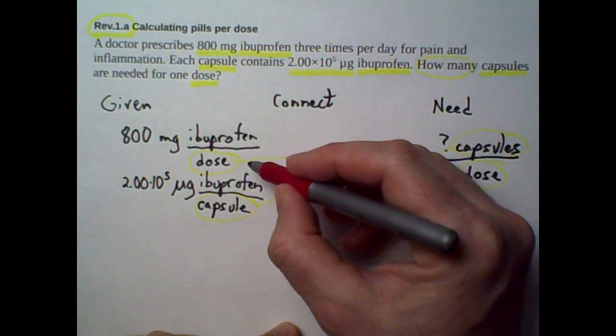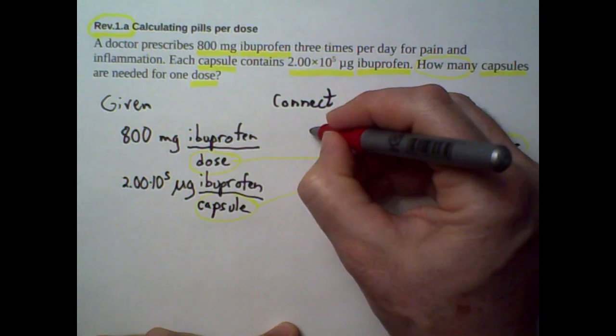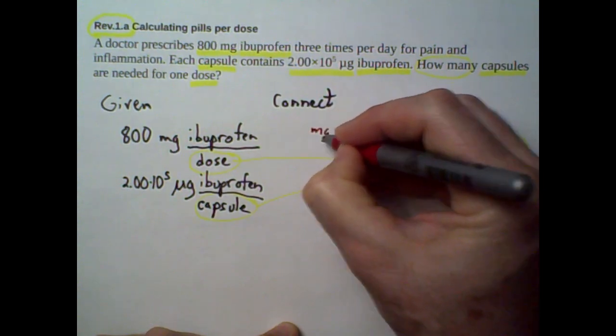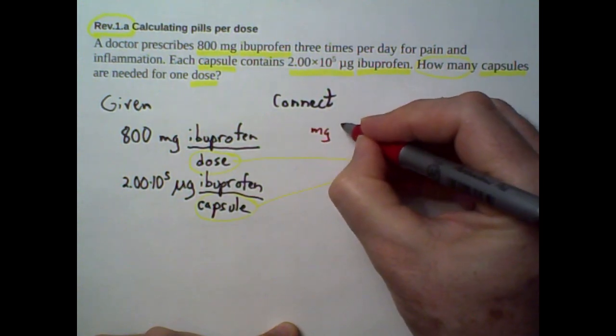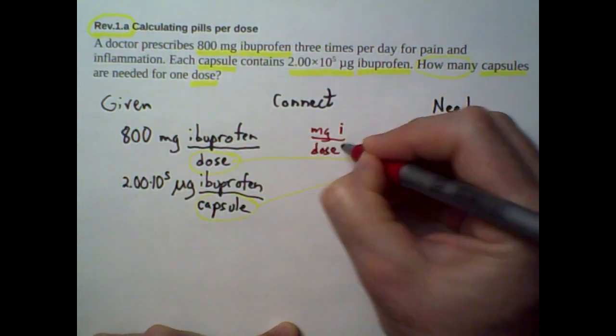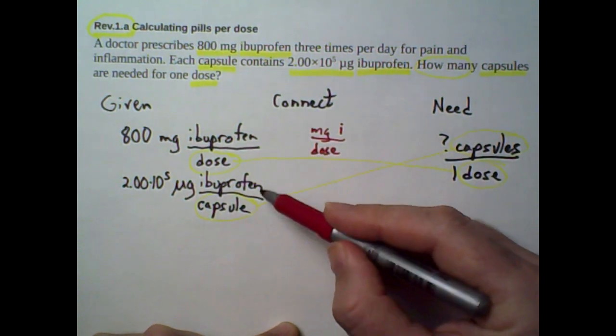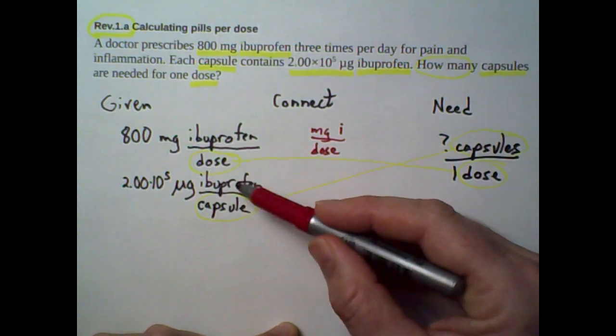Dose is in the right place, so I'm going to have milligrams, I'll just put an I for ibuprofen, per dose, just where it is. Capsule is on the bottom. I need it on the top anytime I have a ratio.